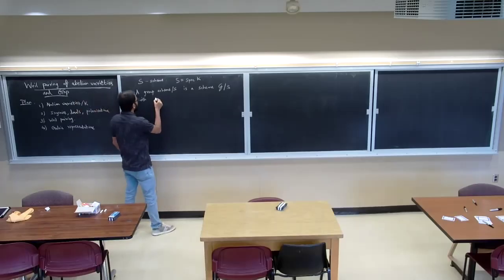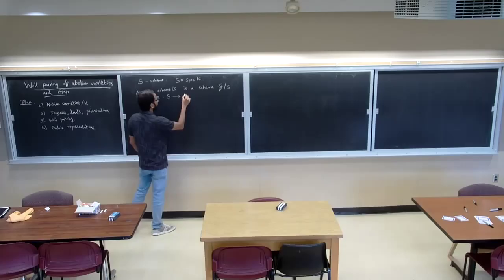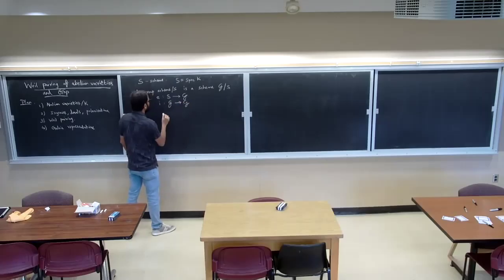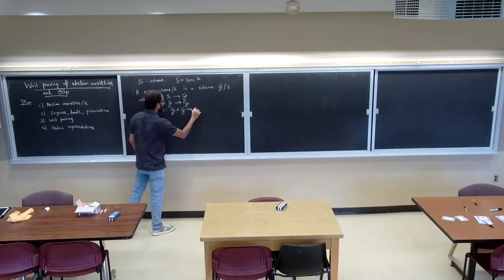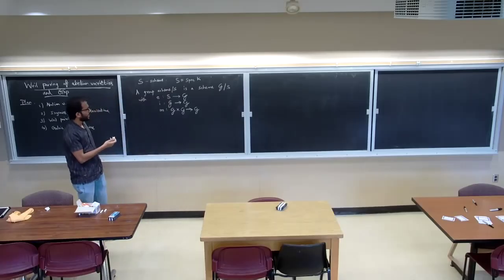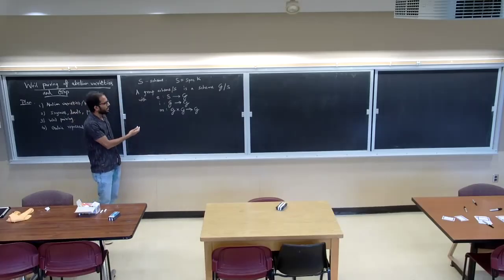You have three different morphisms: the identity, the inverse, and multiplication. These are morphisms of schemes, but they satisfy the commutative diagrams which a group should satisfy.